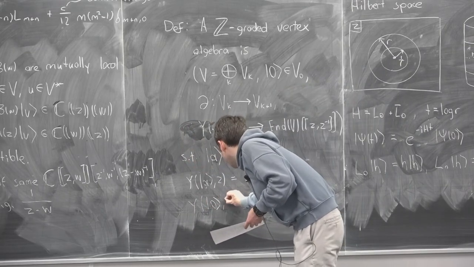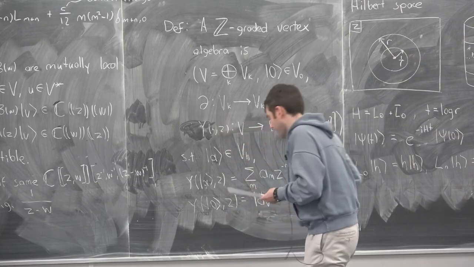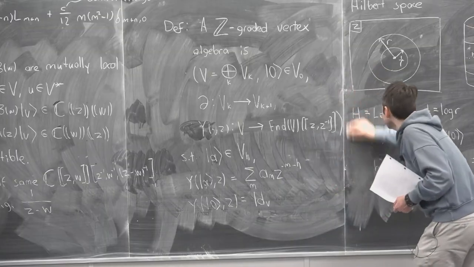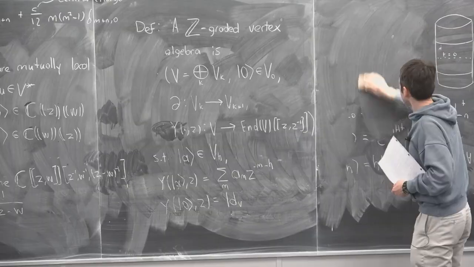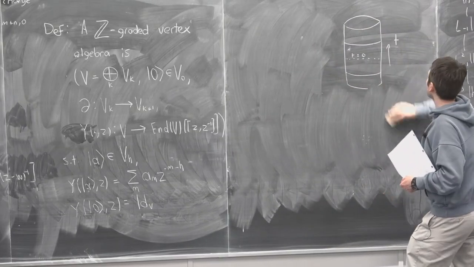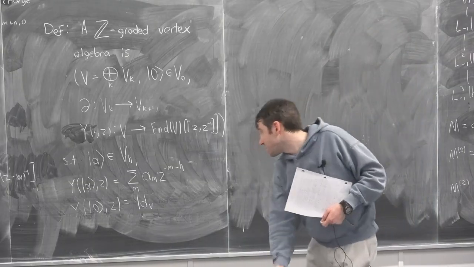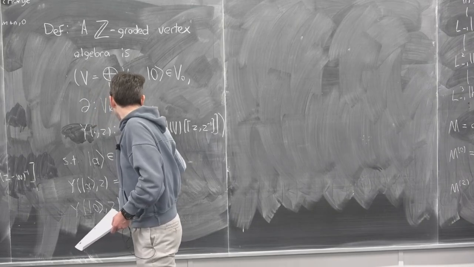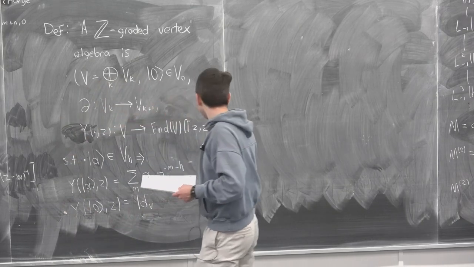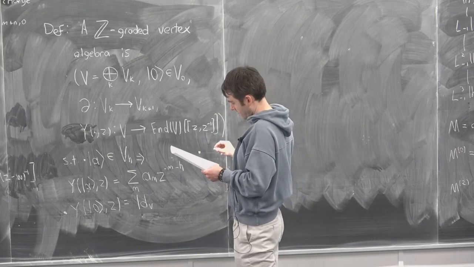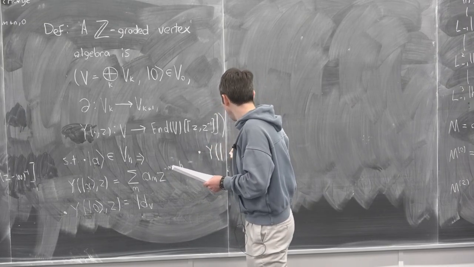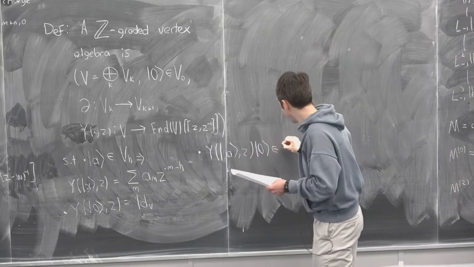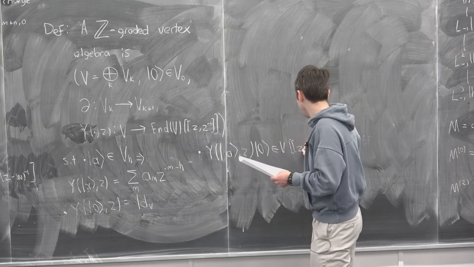When Y acts on the vacuum, it's going to give you just the identity map on V. Y of some state acting on the vacuum is going to be free of singularities, so it's not going to have any negative powers inside it.